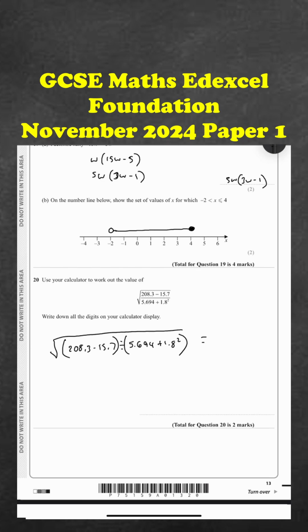That ensures you do it all in the correct order. And we get 4.643069317, and the question wants us to give everything on the calculator display.